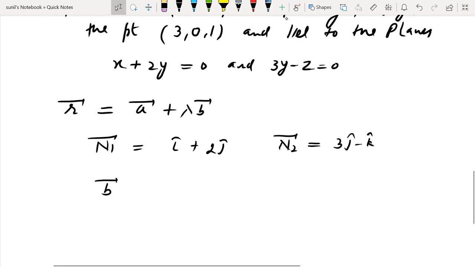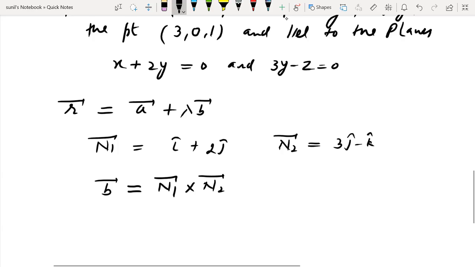parallel to the planes. If the line is parallel to these planes, then vector b must be perpendicular to both normals n1 and n2, that is, b vector must be drawn in the direction of n1 cross n2.